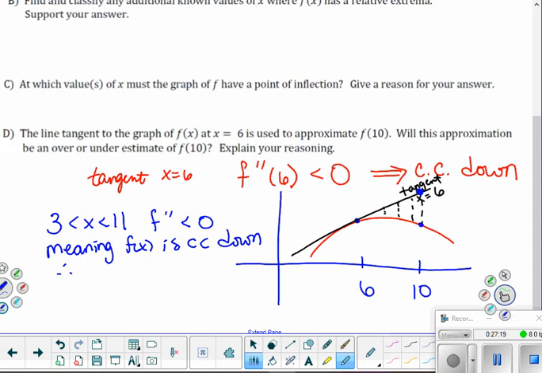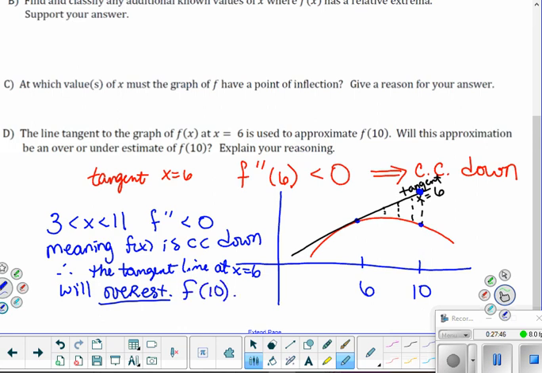Therefore, the tangent line at x equals 6 will overestimate f of 10.